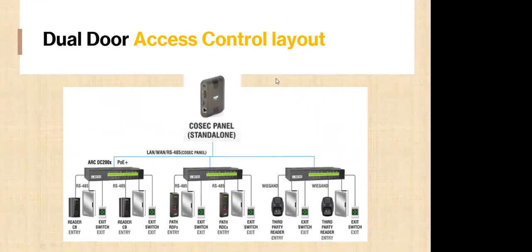So the ARC 200 controller is installed, and you wire everything. You wire all the door devices back to the controller, right? You mean the very top device? No, the ARC 200. Oh, yeah, that's the door controller.